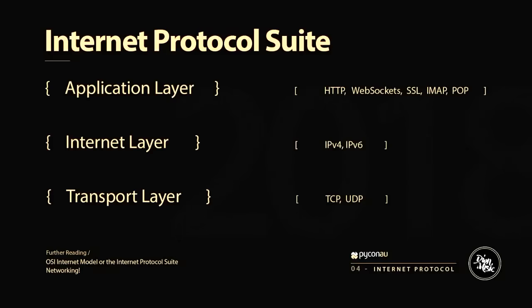Then you move up to the next stage, which is the internet layer. This is things like IPv4 and IPv6, which define the addresses to which packets are sent, right? So everyone has an IP address. You've probably heard of this in any regards. It's pretty much where data is sent on the web. And so we then get to the application layer, which is the top level layer.